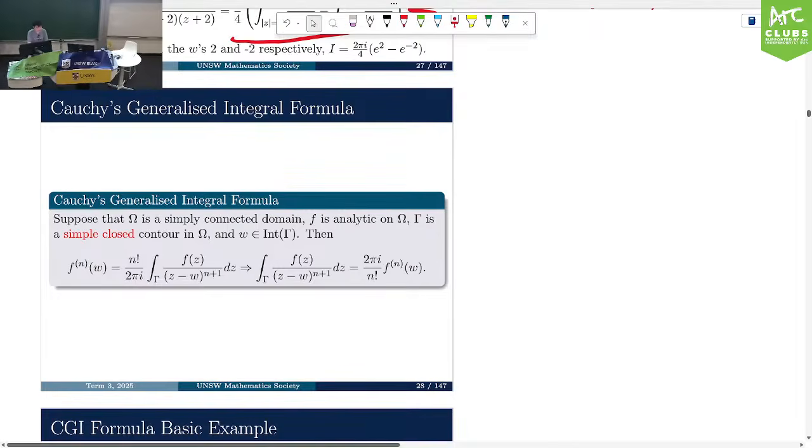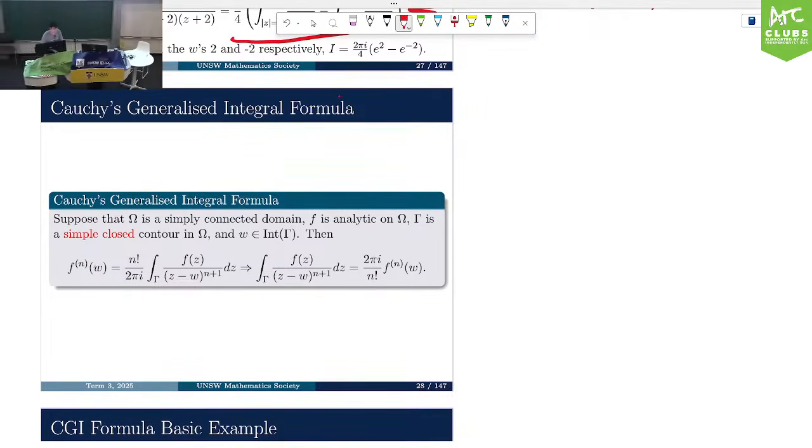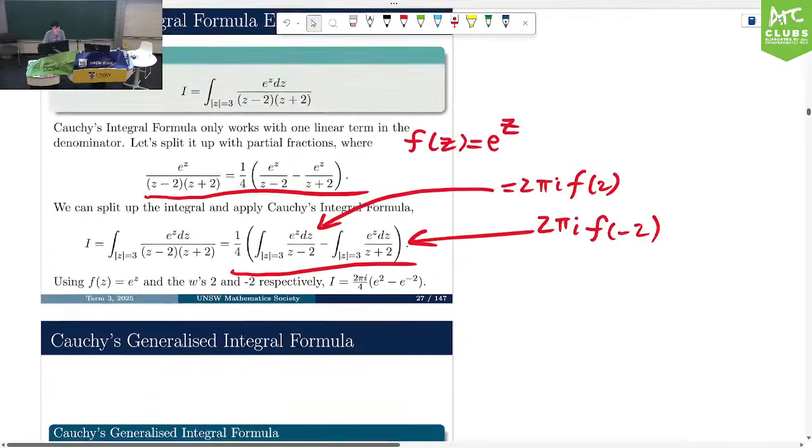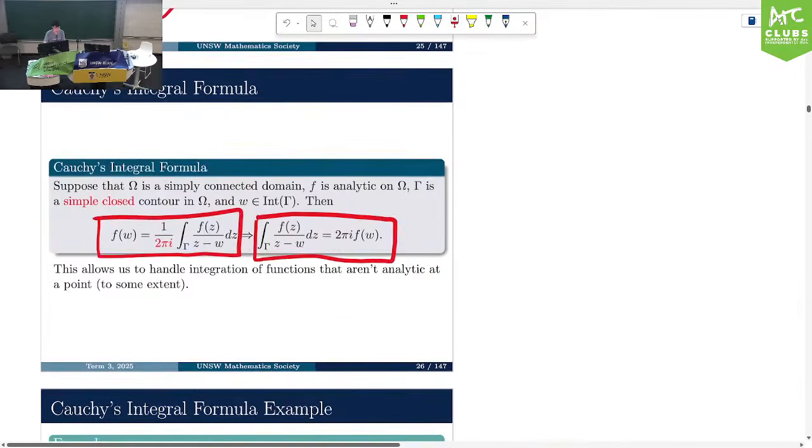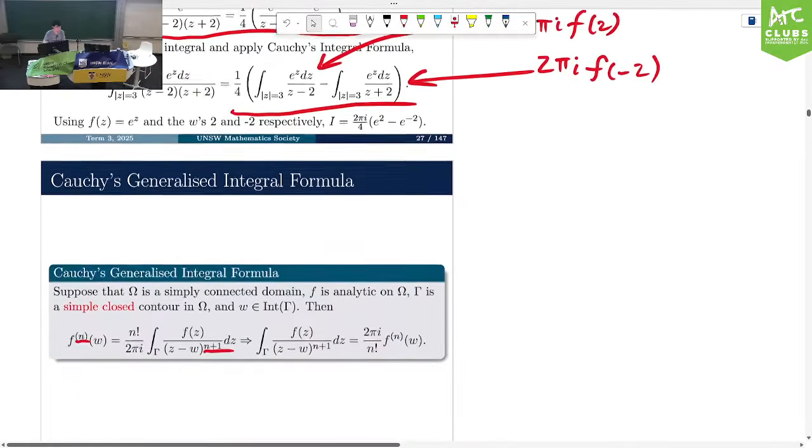And this is also just a general form of Cauchy's integral formula, which looks like this, which allows us to find the nth derivative of our function: f^(n)(w) equals n factorial on 2 pi i. But just be careful, over here one is n plus 1 and one is n. You can tell that this generalizes to the original Cauchy's integral formula if you just let n equal 0.